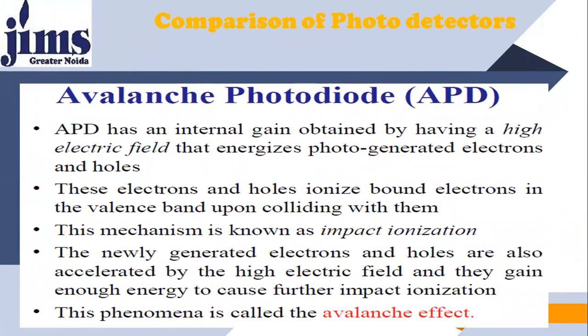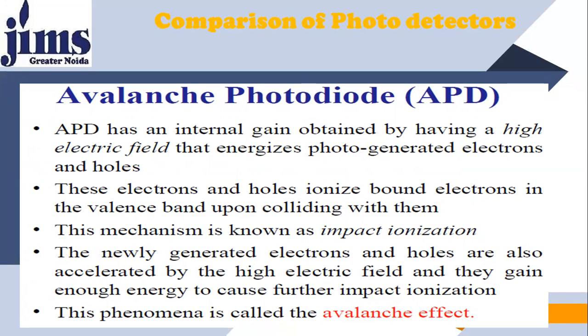Now come to the avalanche photodiode, which we already discussed in a previous video lecture. The APD has an internal gain, which is obtained by having a high electric field that energizes photo-generated electrons and holes. These electrons and holes ionize bound electrons in the valence band upon colliding with them.